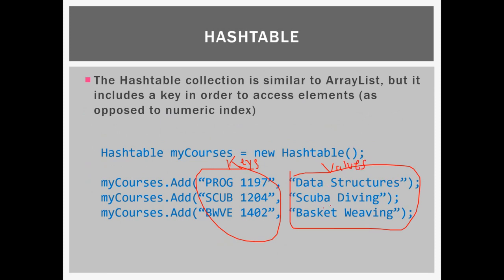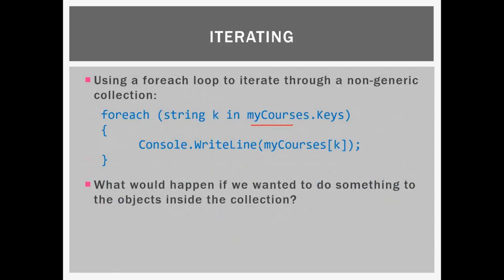So if you want to just get to the names of the courses, you would say mycourses.values, and that would be one type of list. And then if you just want to get to the course codes, you'd say mycourses.keys, and you could loop over both of those. So in this for each example, it loops just over the keys collection.